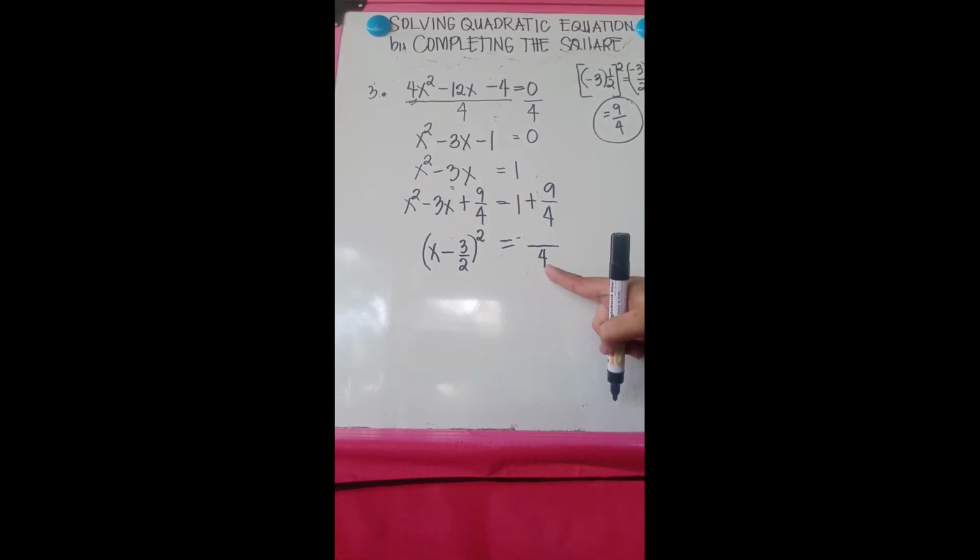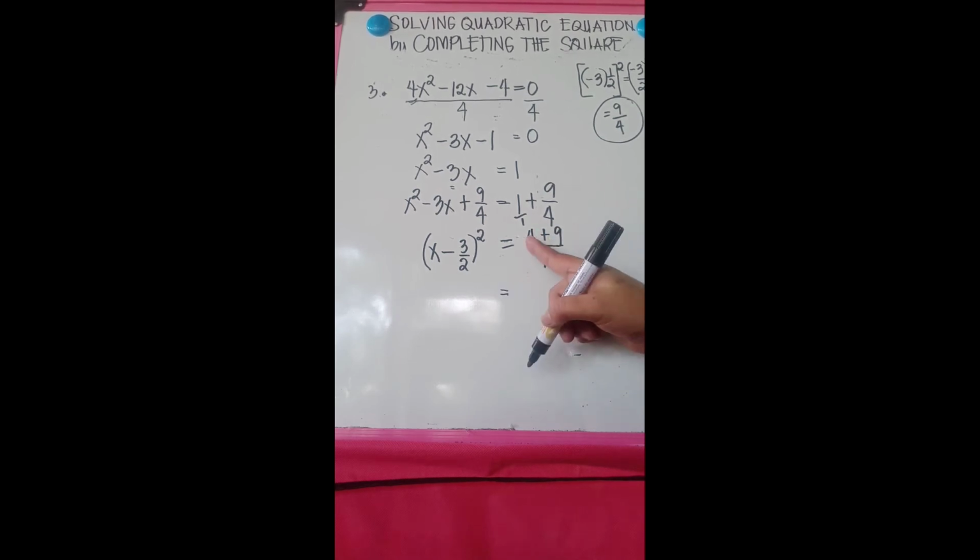So, 4 divided by, the denominator of 1 is 1. 4 divided by 1 is 4 multiplied by 1. So, it's 4. And then, plus 4 divided by 4 is 1 multiplied by 9 is 9. Okay.